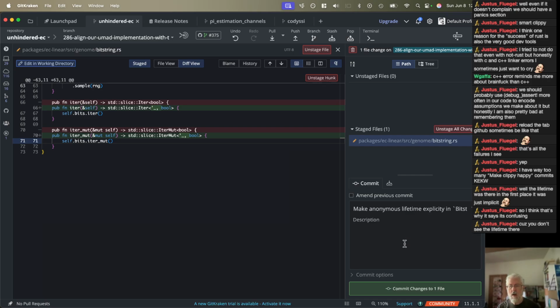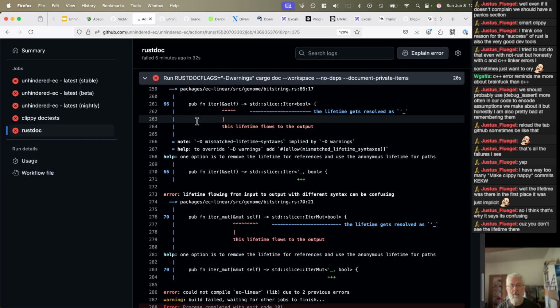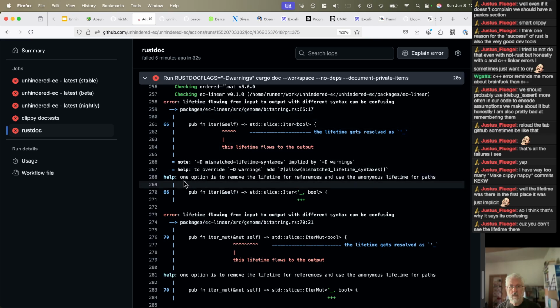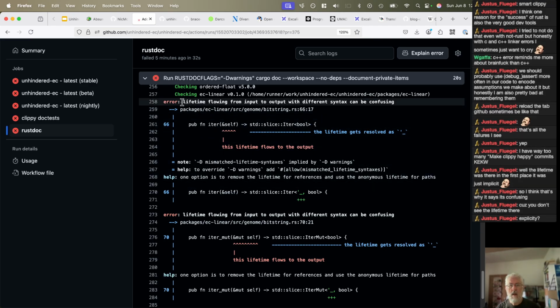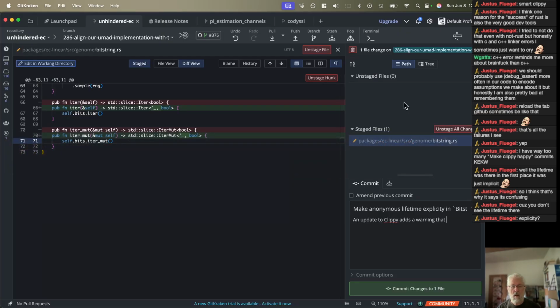So an update to Clippy adds a warning that suggests adding explicit anonymous lifetimes to the return types for bitstring iter and bitstring iter mut.